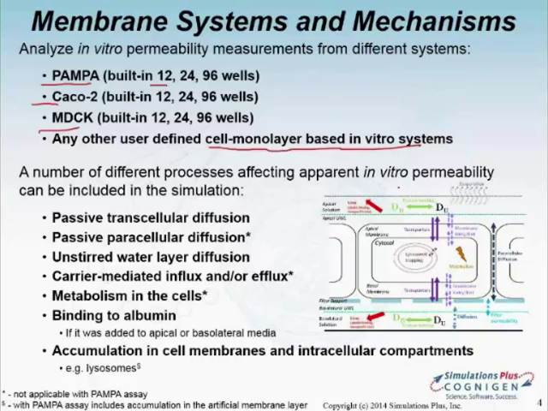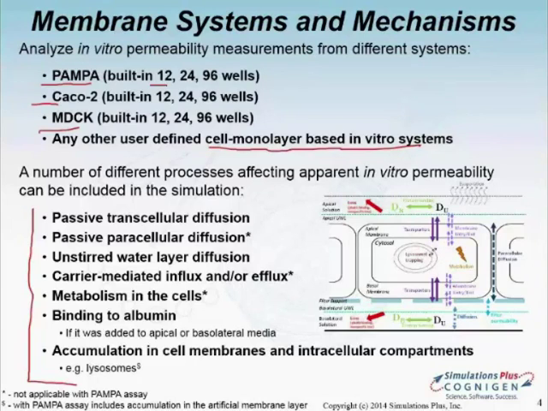As for the processes that the drug undergoes within these permeability assays, we really try to incorporate all of the most important or specific processes that may be affecting the drug permeability or drug distribution in this whole system.